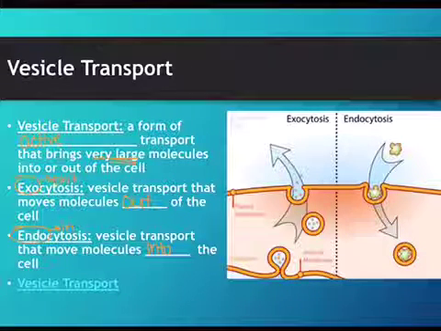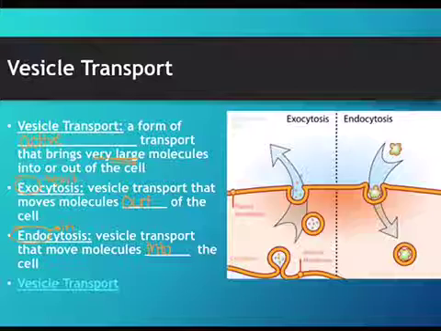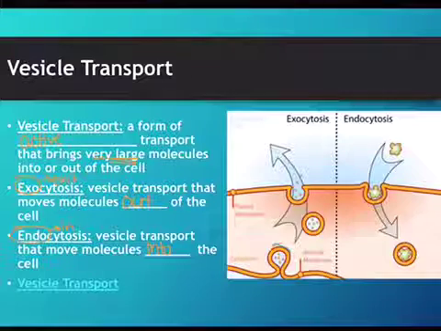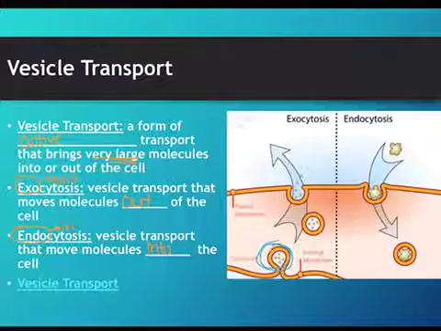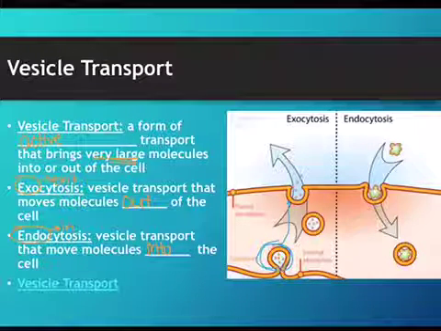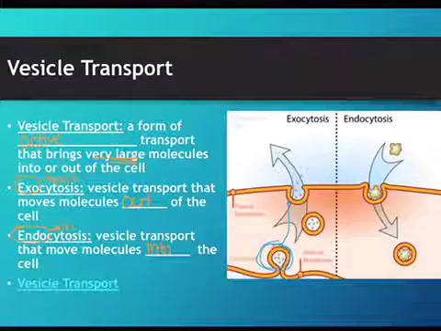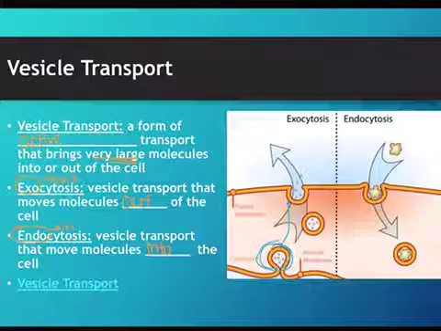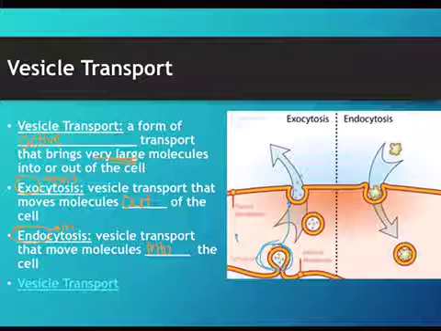And what ends up happening with exocytosis is we have some vesicle that has pinched off from some organelle inside the cell, and it heads towards that cell membrane where it fuses with the cell membrane and then opens to the outside of the cell, releasing whatever was in the cell, usually some kind of waste.